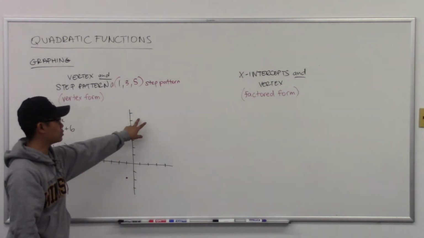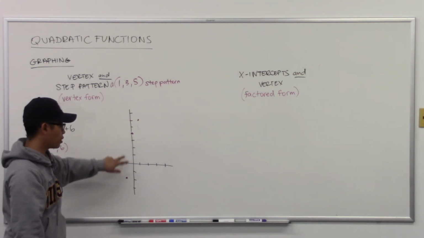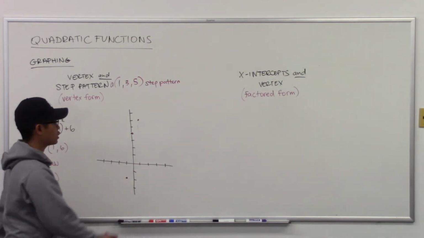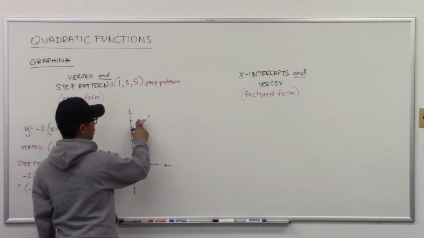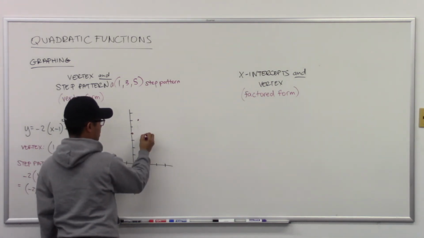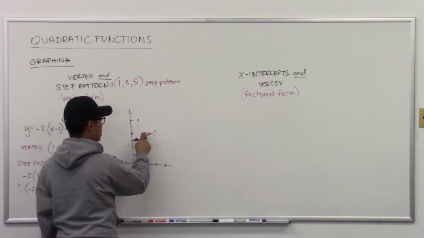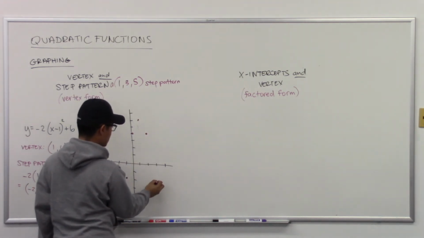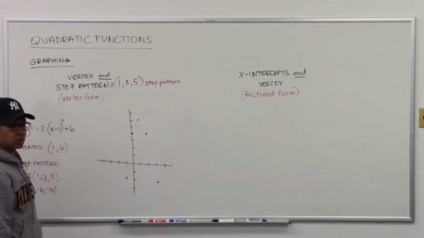So you go back, you start at the vertex, you go over and down 2, then over 1 and down 6. Then you do the same thing on the right because parabolas should be symmetrical. So you go to the right 1 and down 2, and then you go to the right 1 and down 6. The 10 is not necessary because it would be way off the page.